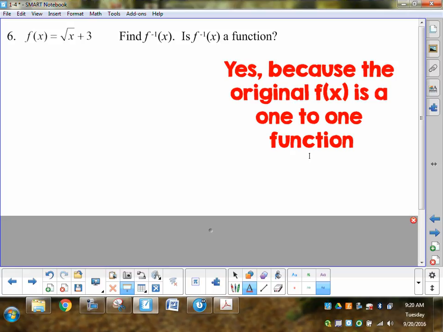Now, we could graph this out to determine that. The square root sort of looks like maybe sort of like that a little bit. Shift it up 3. What would our first step be to find out the original? Tommy, what do you say? Okay, so I've got y equals root x plus 3. Keep going. Okay, so what would you write out?